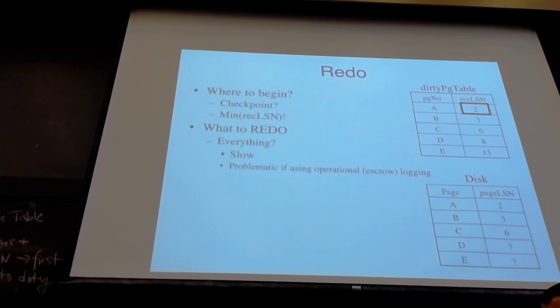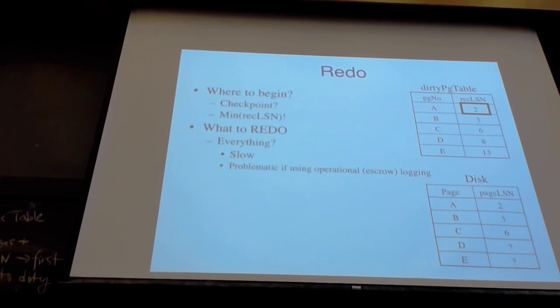The other thing is that it turns out, at least the paper claims, and it's a little bit hard to wrap your head around exactly what's going on here, it's always confusing, but they claim that for whatever reason, because of the way they do this escrow logging thing, they don't actually want to redo these operations. So somehow, even though they say we're doing physical update logging, the physical redo logging, they want to allow these escrow operations, which are like increments or decrements, to still be redone in a logical fashion.